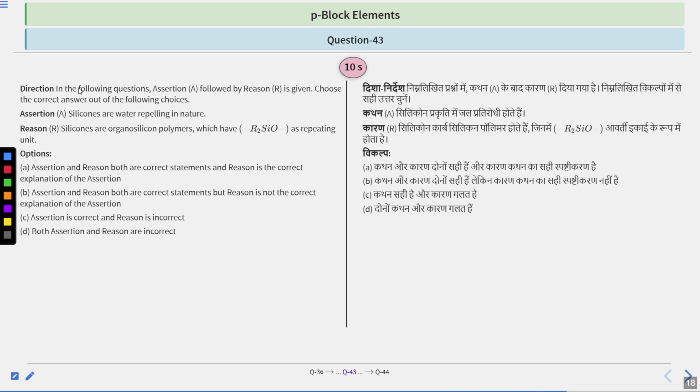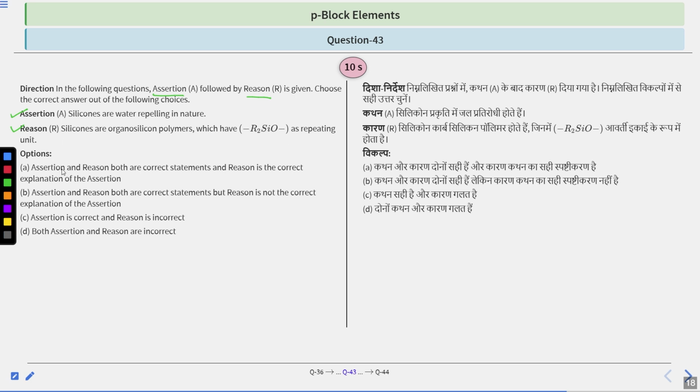Question number 43. Direction: in the following questions, an assertion followed by a reason is given. Choose the correct answer out of the following choices. Assertion: silicones are water repelling in nature. Reason: silicones are organosilicon polymers which have R2SiO as repeating unit.